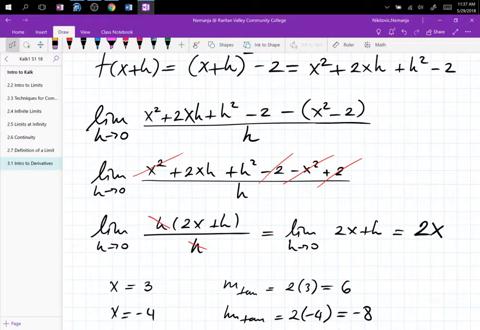But as I said, the most important concept, when you say miles per hour, guys, that's a derivative. The instantaneous speed, the one that you pay the ticket for when you get pulled over, that's the derivative. The speed which you are reading as you glance on your speedometer, that's the derivative.